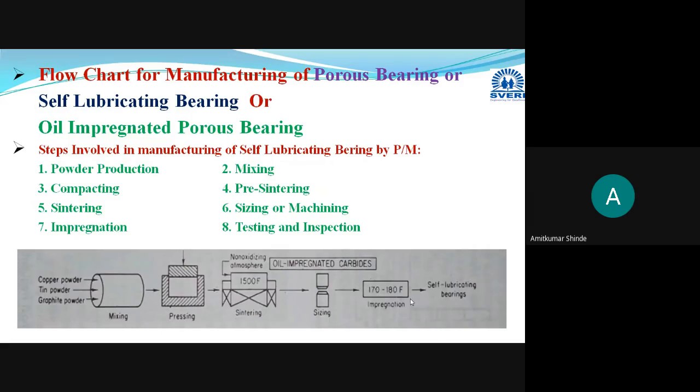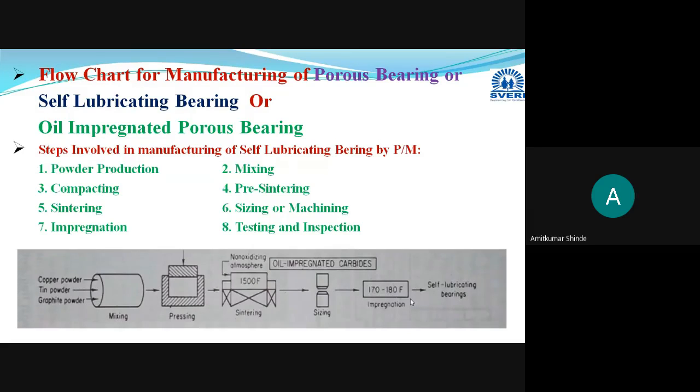And the third important is that the dimensional accuracy obtained is very good. Whichever dimensions are required for your use, you can manufacture the bearing with the dimensions required. In short, you can mention good dimensional accuracy.